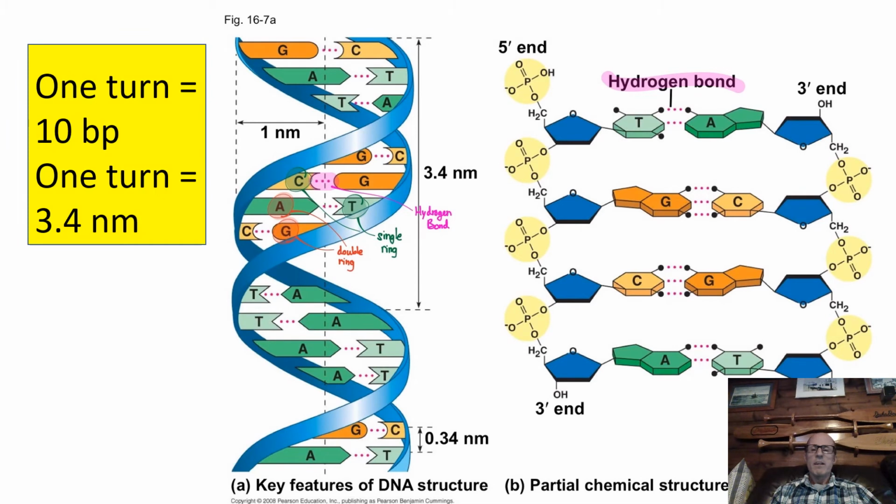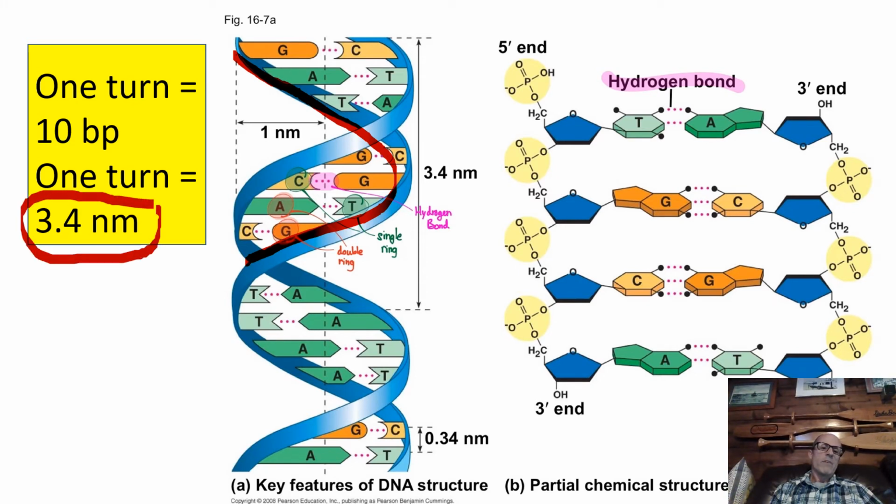In the end, they figured out that one complete turn of the molecule represents 10 base pairs. Very interesting. And furthermore, their measurements showed that that distance represents about 3.4 nanometers. Not a big number. Remember that a nanometer is only a billionth of a meter.